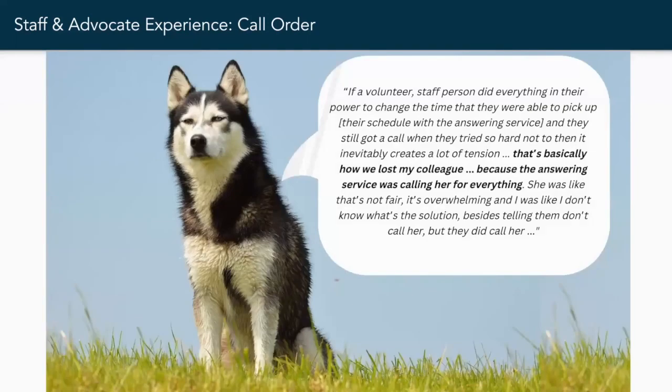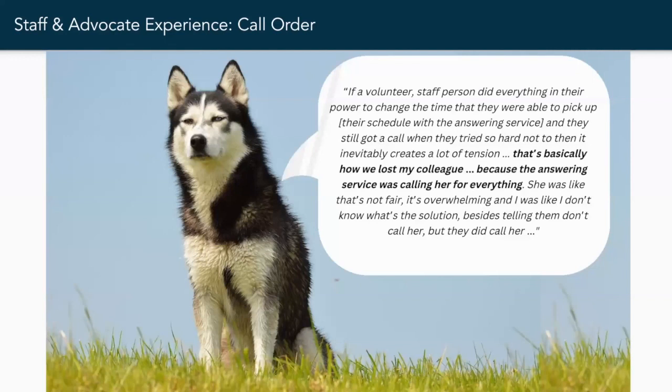And we know that many of you spend so much time and effort to make a schedule that will work and be as even across staff and hotline advocates as possible. You really need to be on the hotline when you're on the hotline and off the hotline when you're off the hotline.